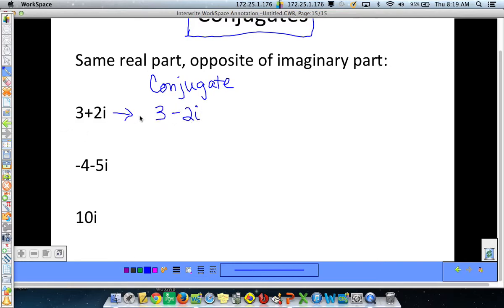So 3, the real part is the same, and the positive 2i becomes negative 2i. Okay, so that's the conjugate. The next one, same real part, negative 4, and then instead of minus 5i, we write plus 5i. That's the conjugate. And last, we have positive 10i. So the opposite of the imaginary would be negative 10i. That's the conjugate.